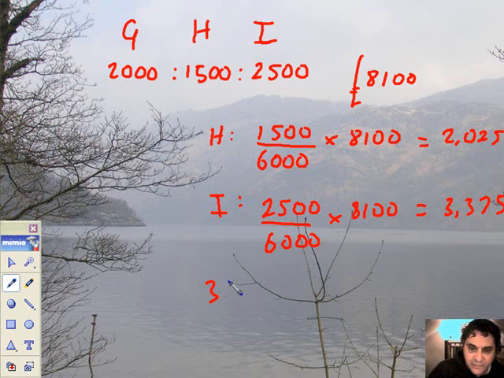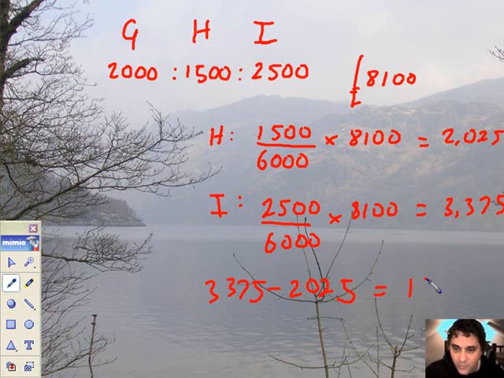So we can have 3,375 subtract the 2025, and therefore the difference is £1,350, and that's a very straightforward ratio question, and that's that one.